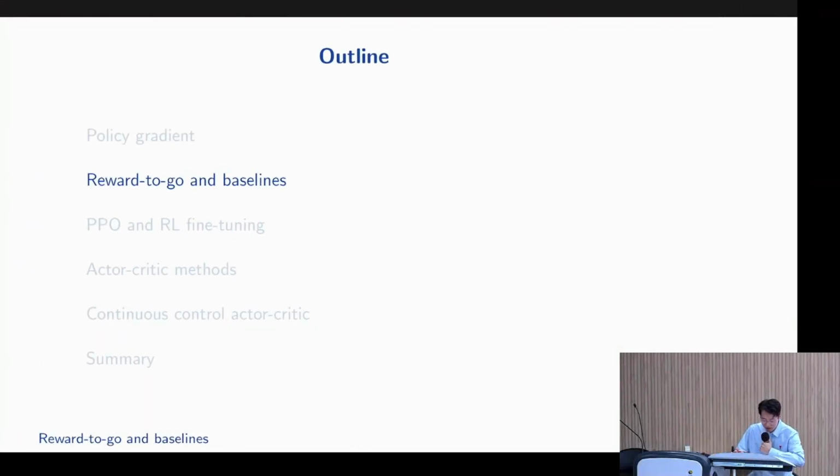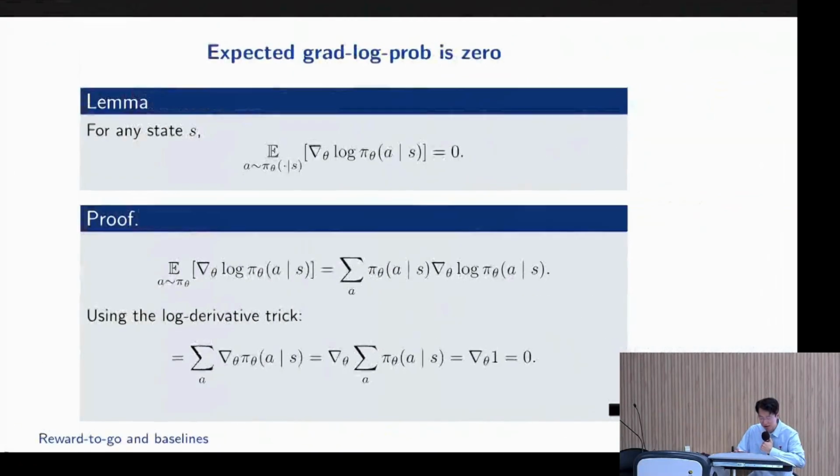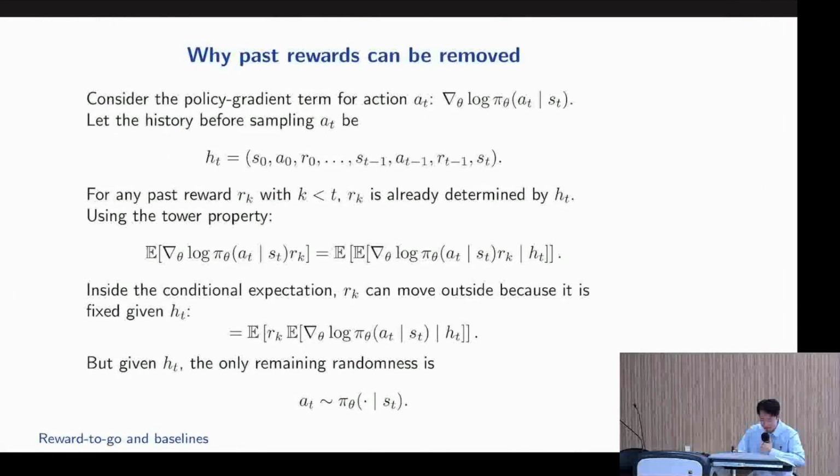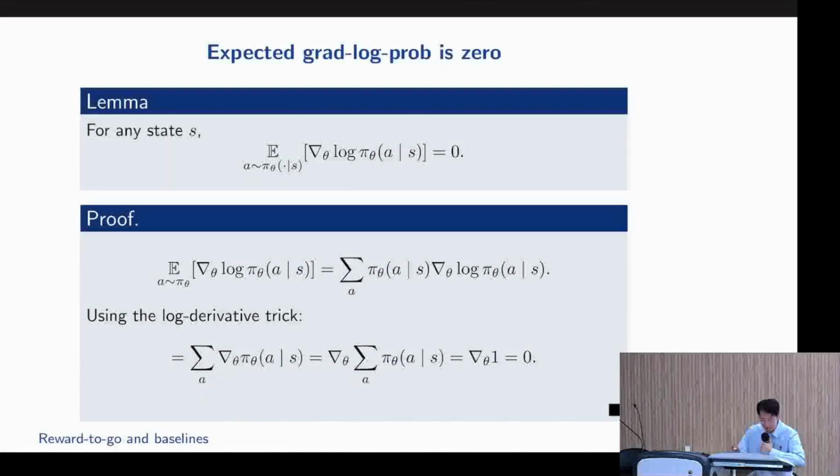Okay, so that's where reward-to-go comes in. Let's look at another lemma. The expectation under an action of the gradient log action probability is 0. RL people call this the EGLP lemma, expected gradient log probability.